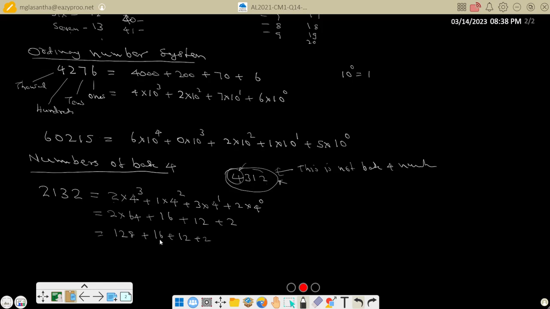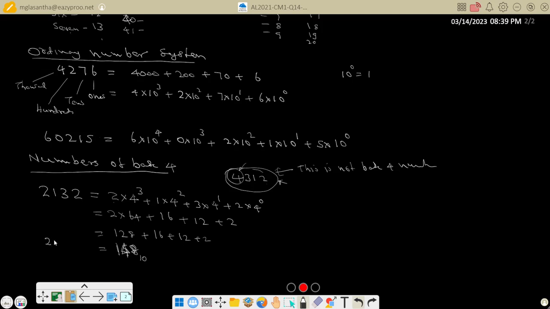So this equals 148. This is the decimal value, in base 10, right?